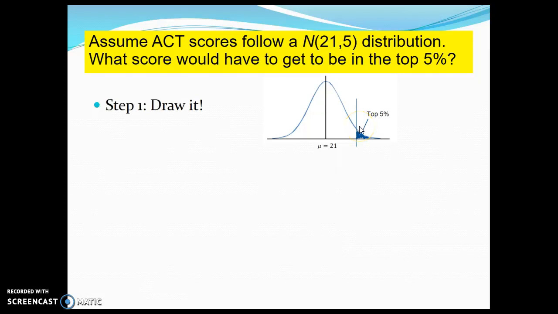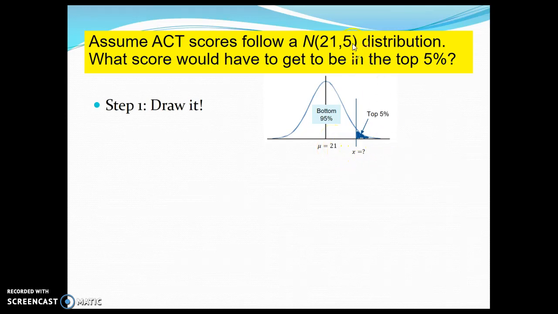Unfortunately, table A only gives you the portion to the left of a cutoff, so we need to figure out what portion of the graph this is, and to do that we would subtract from 100%. There's 100% total, and we know 5% is tucked up here in the top 5%. 100% minus 5% will give us that 95%.